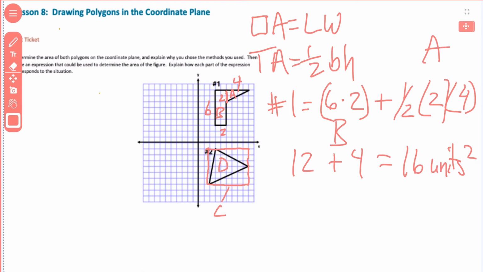Okay? So now what we're going to do is we're going to take, for number 2, it will equal the area of C minus what? Is it the area of C minus D? That's going to give you the area of the triangle?